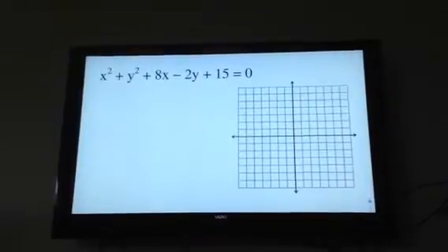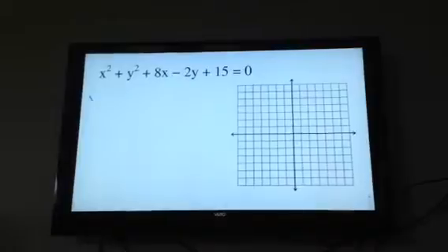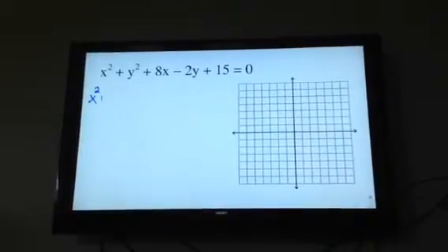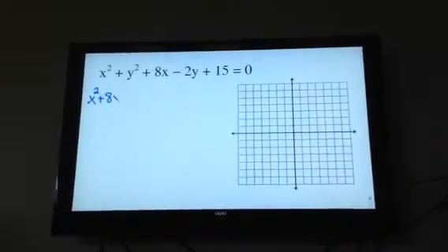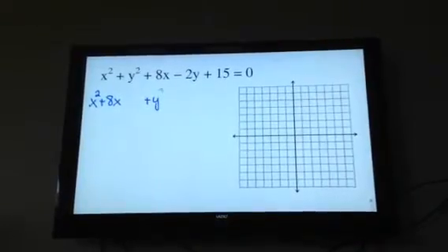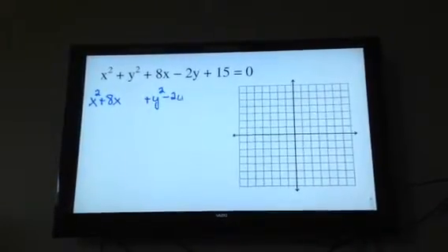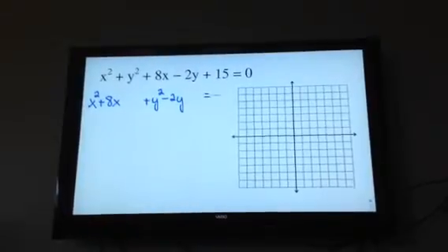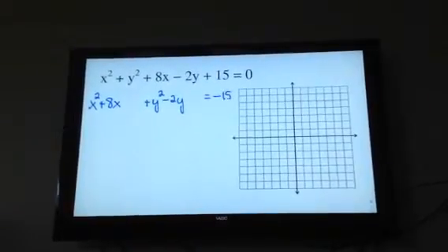Okay? So here we go. To do this, group your x's, leave a little space, group your y's, leave a little space, and move your constant term to the right side of equals.